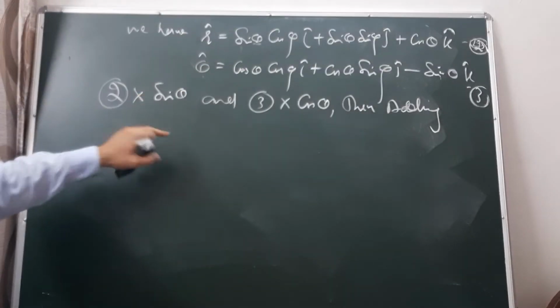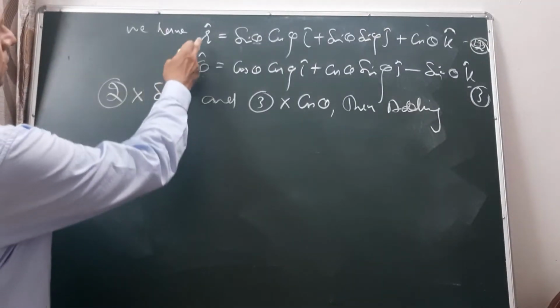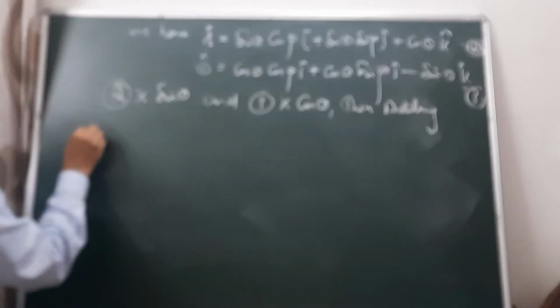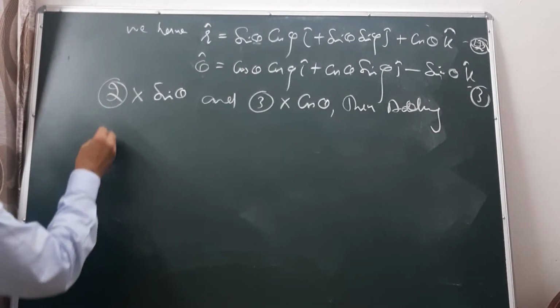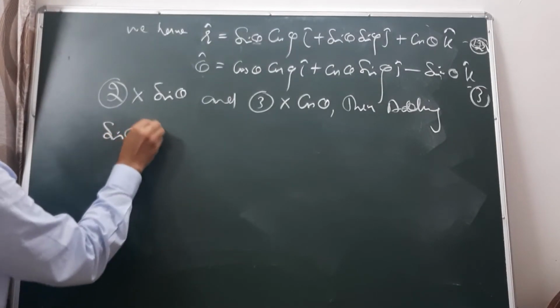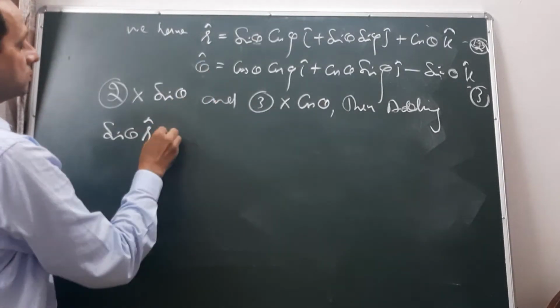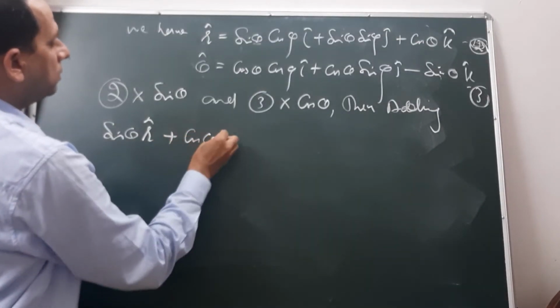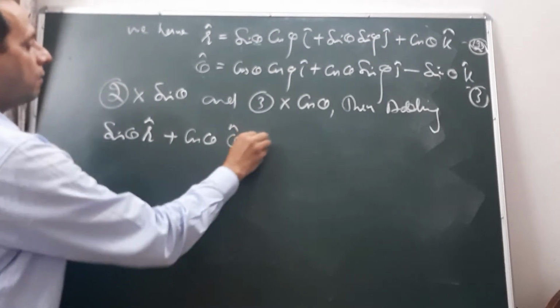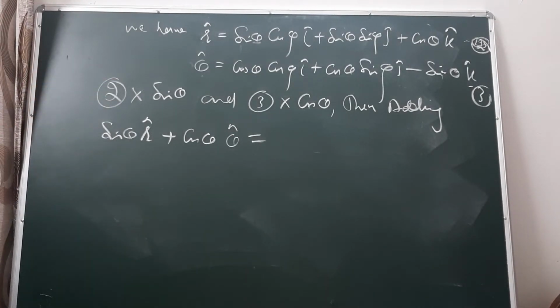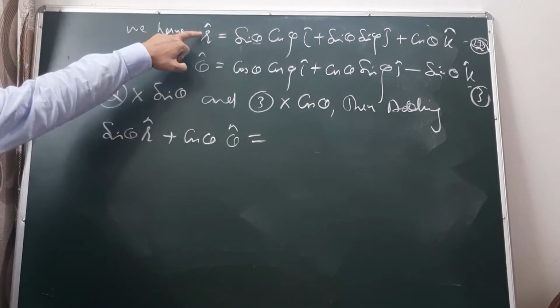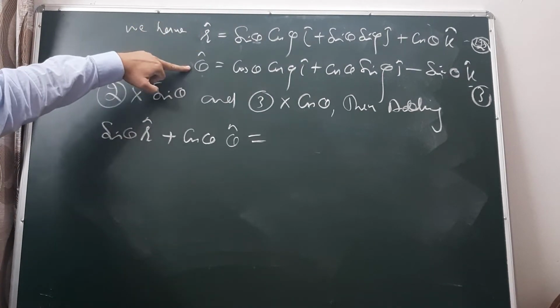Now, multiplying and adding, it will become r cap into sin theta plus cos theta into theta cap. So I have done 2 steps in a single equation, that is multiplying this with sin theta and this with cos theta, then adding.